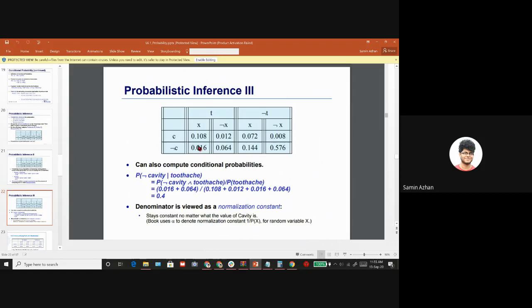So these two values, 0.016 and 0.064. If we add those two up, we're going to get the probability of not cavity and toothache. And we have to divide it by the probability of toothache, which is basically these four cells. So again, it is pretty much using the same rules, but since there are three variables, the table is a bit different, but the logic is the same.